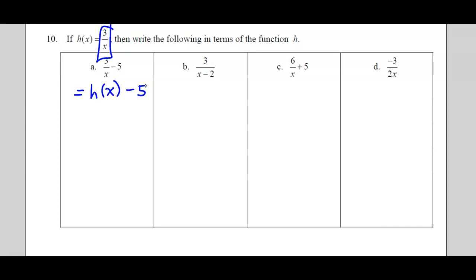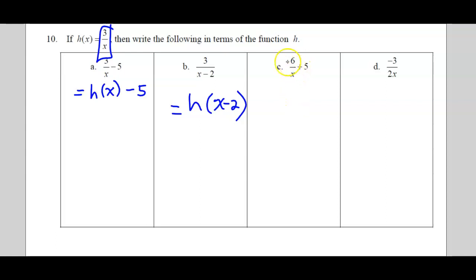Okay, now the next one is 3 over, but now it's x minus 2. So where there was an x, now there's an x minus 2. So that's basically replacing the original x with x minus 2. Okay, now this is 6 over x.